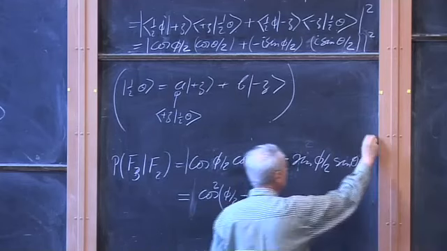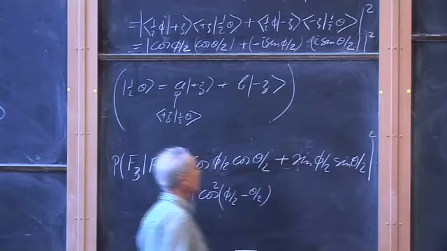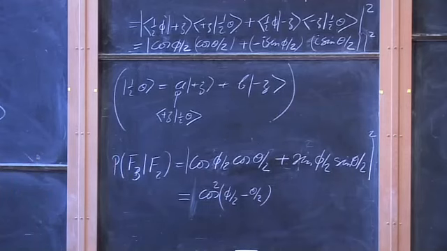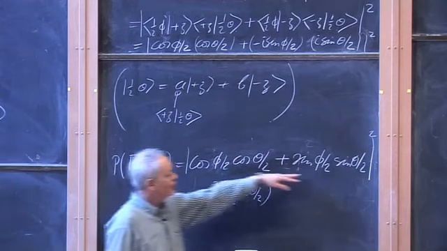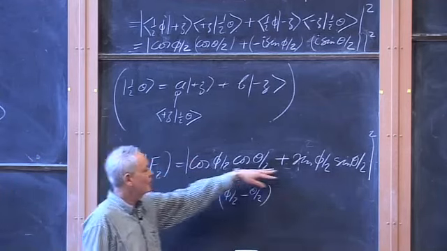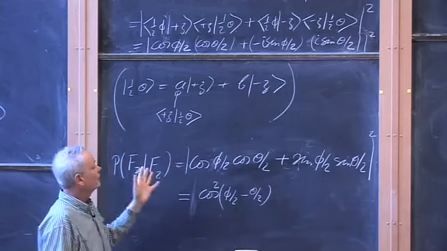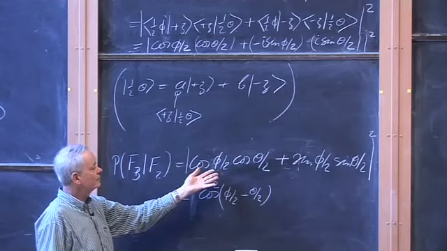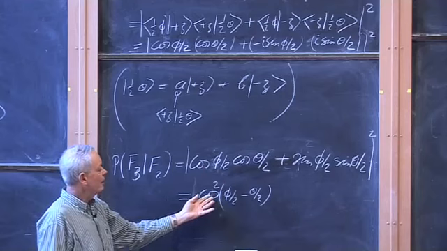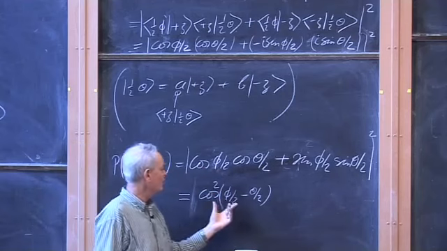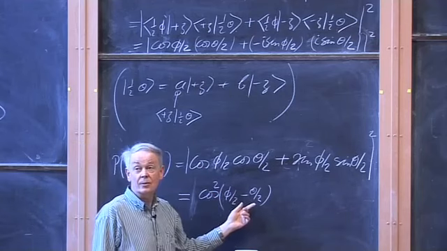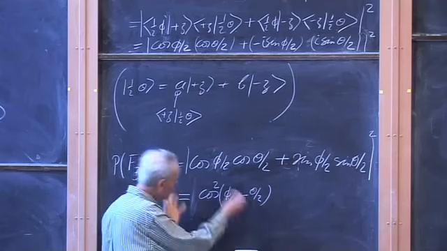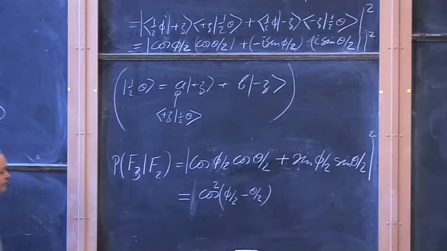That's what it is. And then we have to do a mod square of it. And we have a formula in trig which says that this combination of cosines and sines is the cosine. What's in here is actually the cos of phi upon 2 minus theta upon 2. And then we had to square it. Sorry.